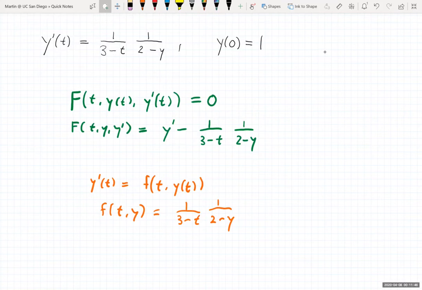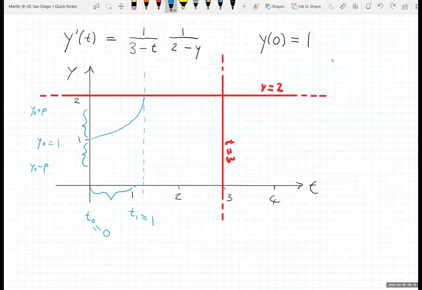Now, let's discuss the application of the Peano existence theorem. The solution properties of that initial value problem can be illustrated with a small picture.